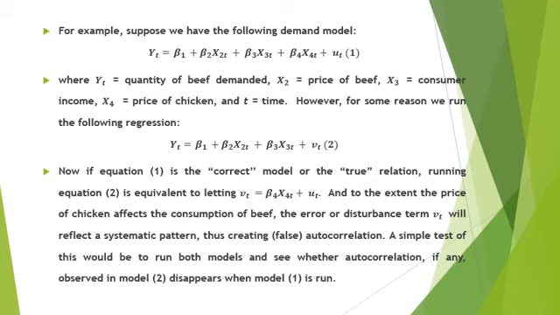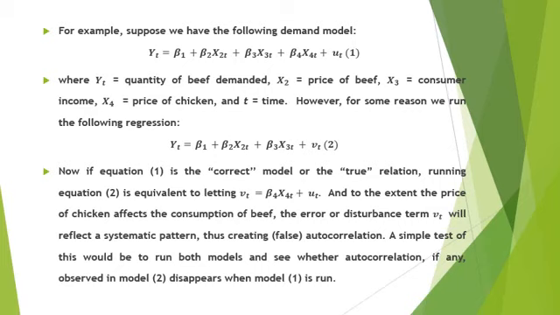In the first equation, we have an additional variable in the form of the price of substitute goods, and in the second equation, that variable is not there, and therefore the error terms of the two equations are different. So that means in the second equation, we did not take account of the influence of the price of chicken.